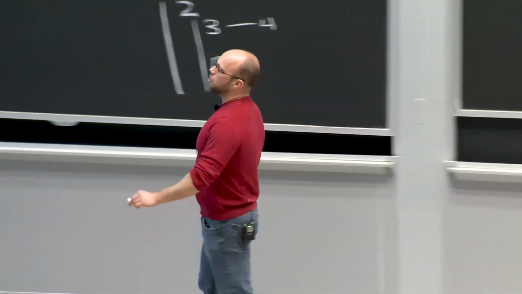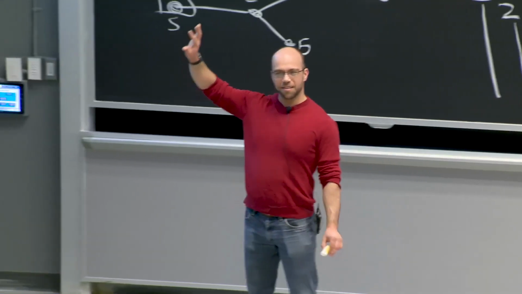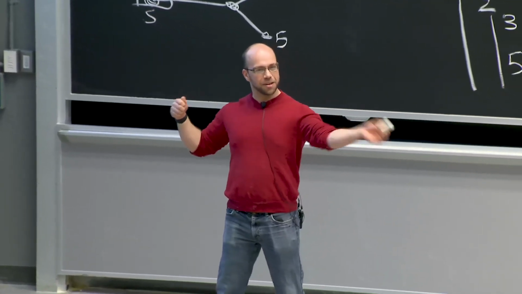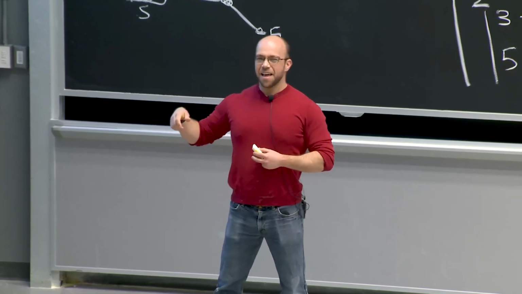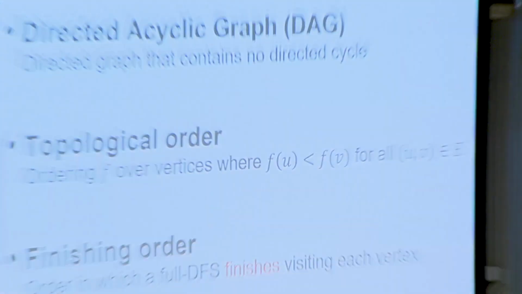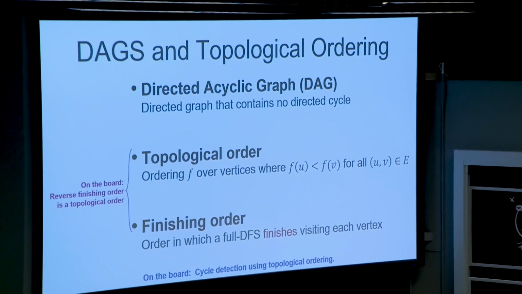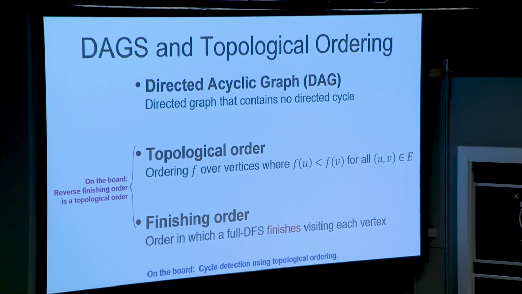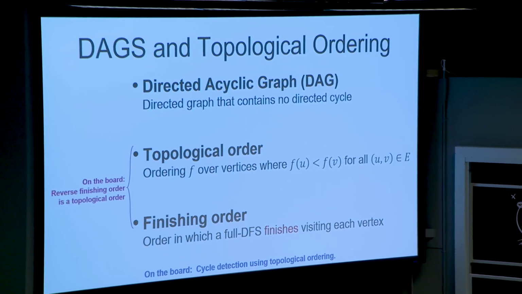So in the finishing order, we're going to call full DFS on our graph. Remember, that means we iterate over all our nodes, and if we haven't seen the node yet, we call DFS on it. And now, we're going to make an order in which, as soon as the call to a node in that visit function is complete, meaning I've already iterated over all my neighbors, then I add my node to the ordering.